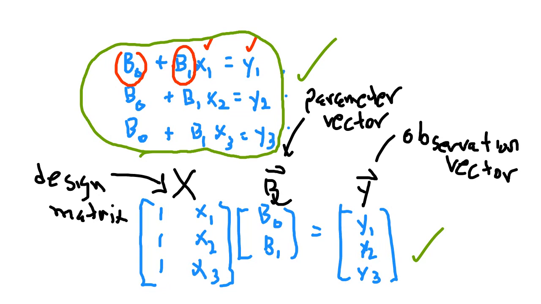Good. Good, Belen. Good, Mikhail. Good, Marcella. Excellent. And notice we have 3 rows by 2 columns times a 2 by 1. That's going to be a 3 by 1.